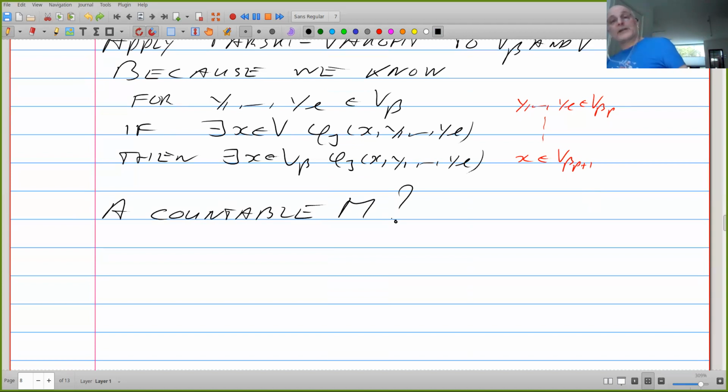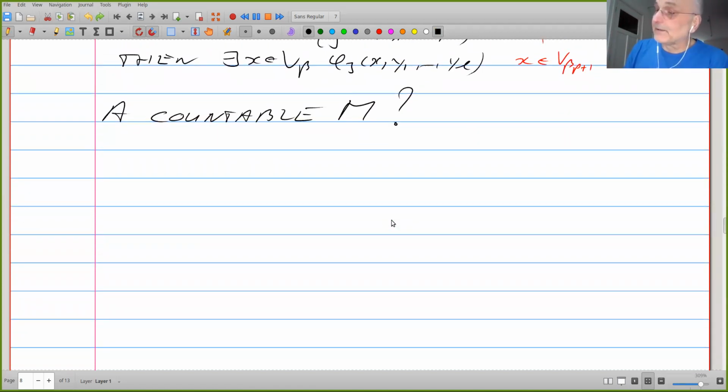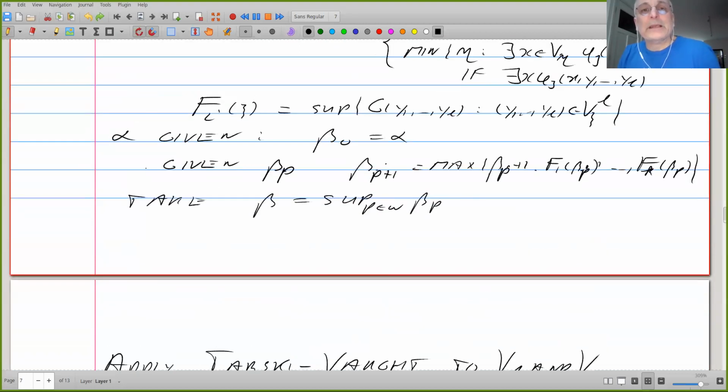Now we want a countable M. And here is where we apply the axiom of choice, and we're going to apply it really, really strongly. We still have our list of formulas. I was a little bit sloppy.